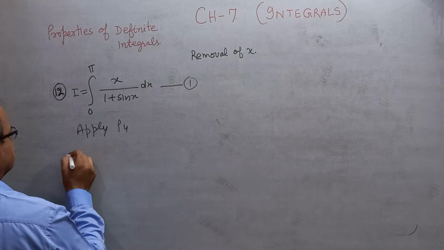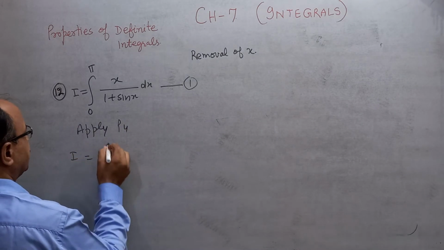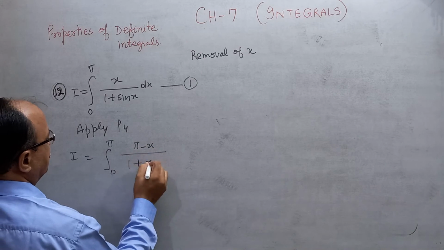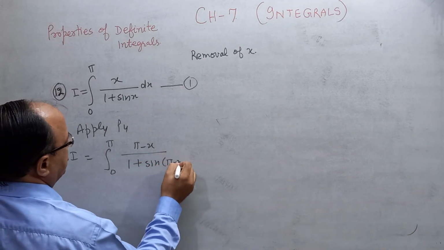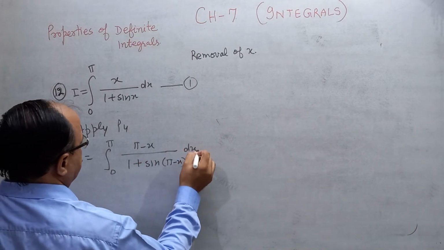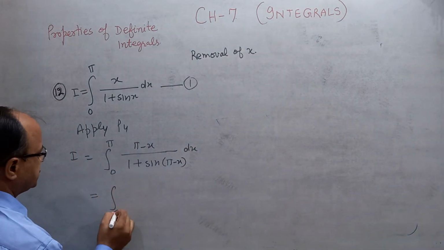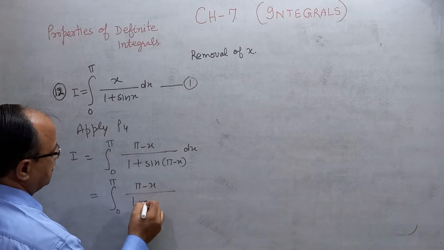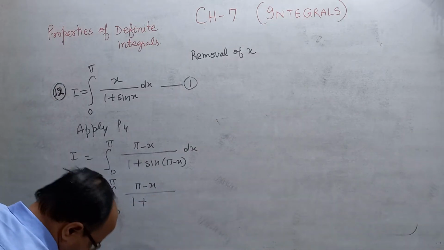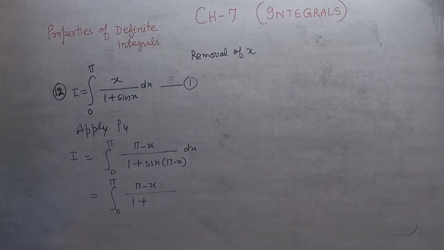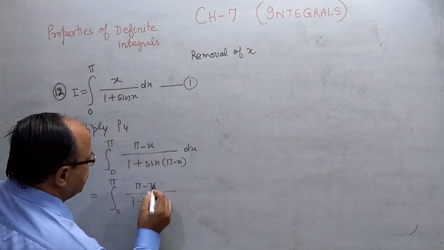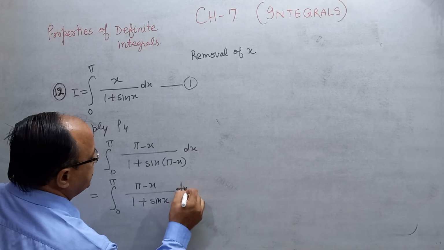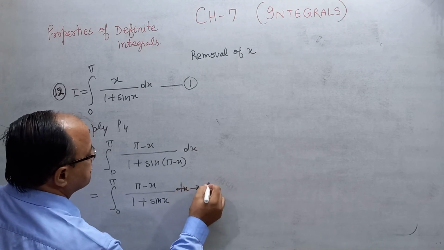Apply P4. That is the integral from 0 to pi of pi minus x upon 1 plus sin of pi minus x. Now can you tell me, sin of pi minus x, sin of 180 minus x, is sin x. In the second quadrant, sin is positive.